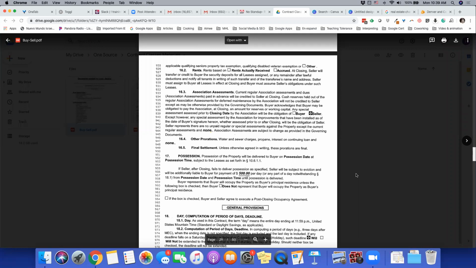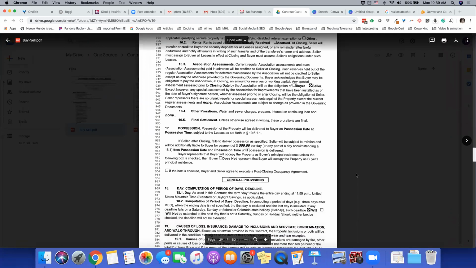16.4, at the end of that paragraph, you want to put the word none. Do not leave it blank. Put the word none. Then on possession, I always make it painful for a seller not to get out on time. I put $500. If that seller cannot be out on time and wants a post-closing occupancy document, you check the box at the end of the paragraph.